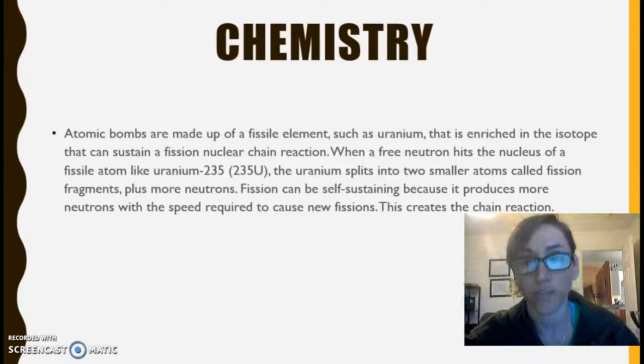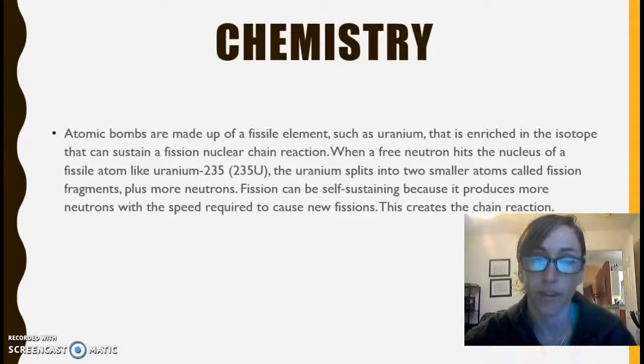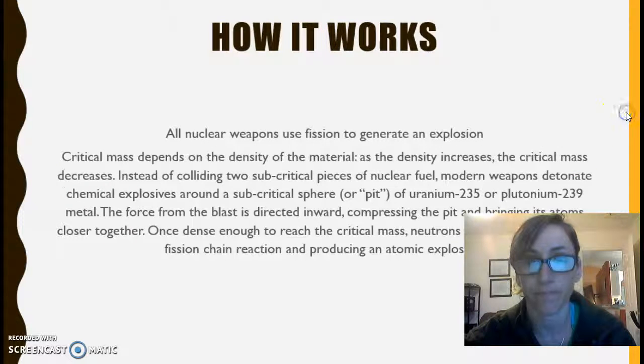When a free neutron hits the nucleus of a fissile atom like uranium-235, the uranium splits into two smaller atoms called fission fragments, plus more neutrons. Fission can be self-sustaining because it produces more neutrons with the speed required to cause new fissions. This creates a chain reaction.